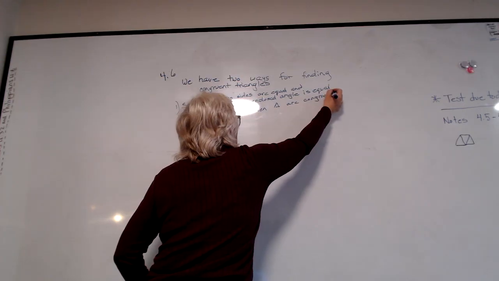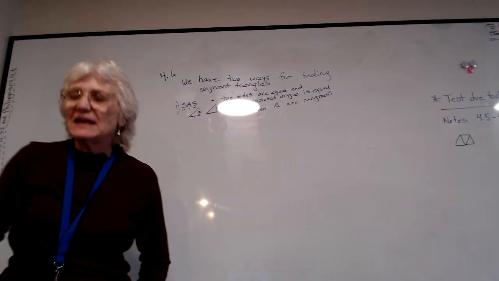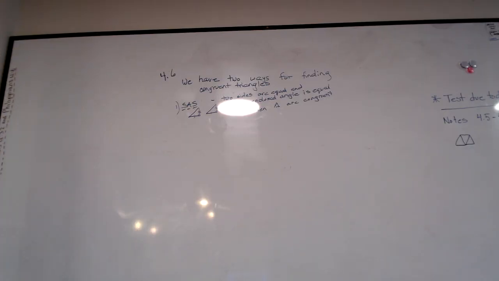So it's actually pretty easy because it tells you side, angle, side. SAS, side, angle, side. If I have a side, an angle, and a side that are the same in both triangles, then they are the same.